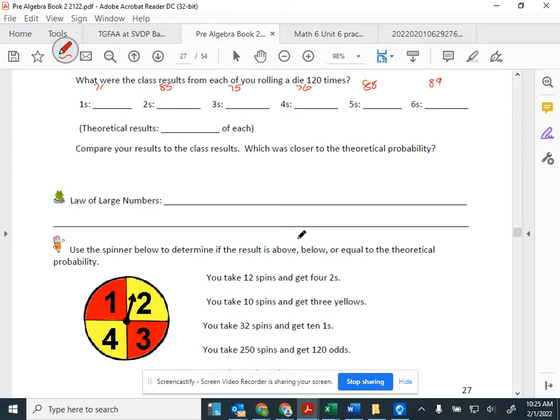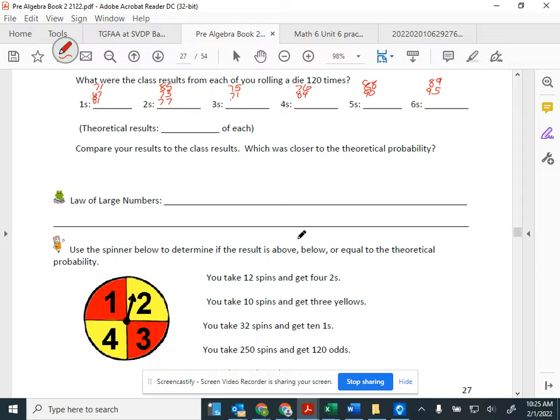Garrison, number 1, 67. Twos, 73. Threes, 71. Fours, 84. Fives, 90. Sixes, 95. Sam, I got ones, 81. Twos, 77.